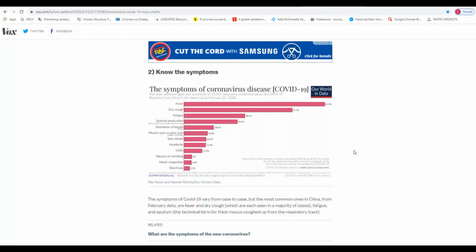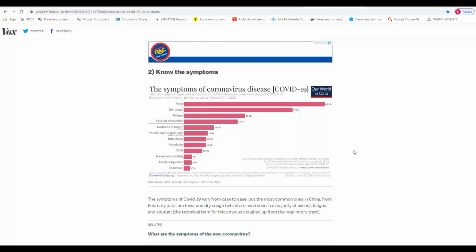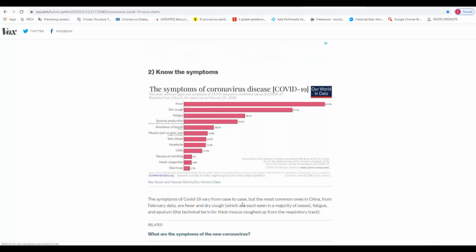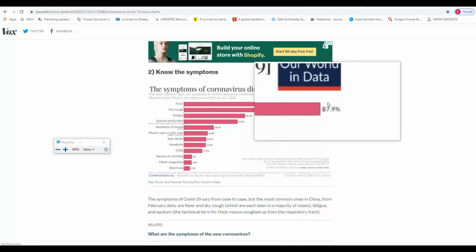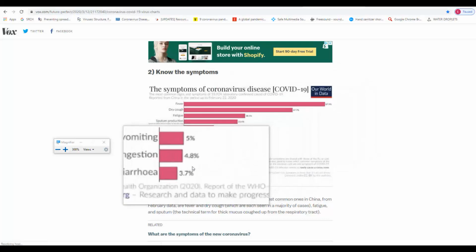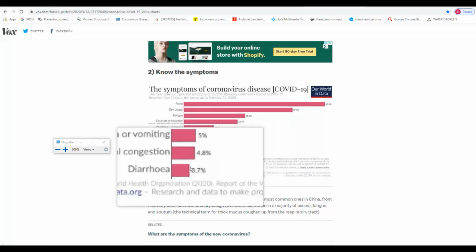It shows the percentage of the symptoms associated with coronavirus. So it says 87.9% of the time. And you know what? I have an interesting thing here. I have a magnifying glass where I can zoom in a little bit on that 87.9. You see that? Whereas diarrhea is only 3.7% of the time when you get coronavirus.